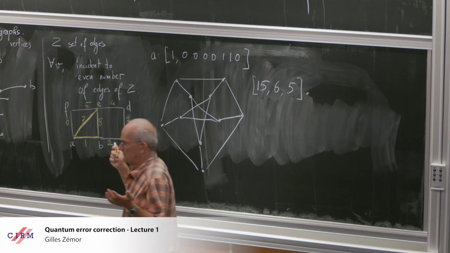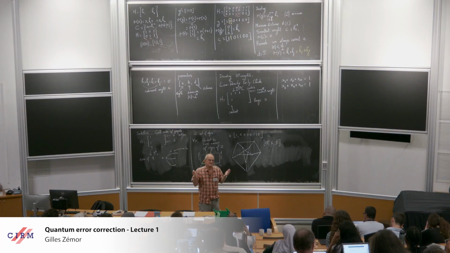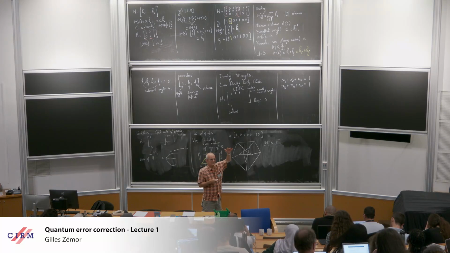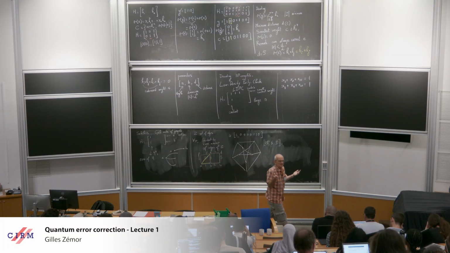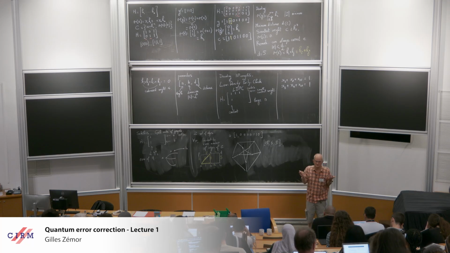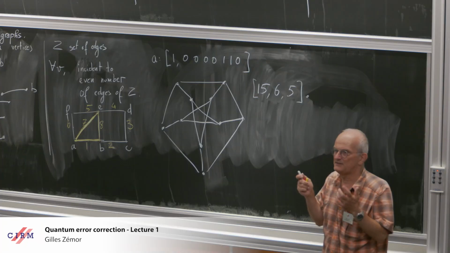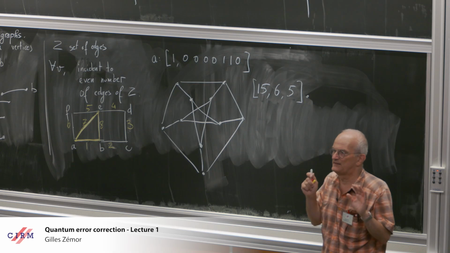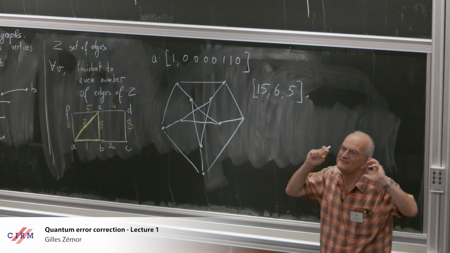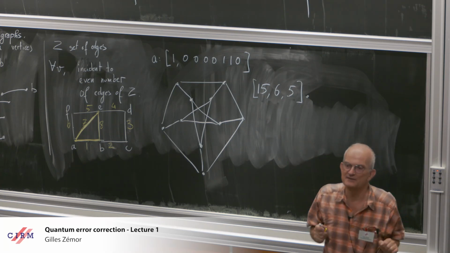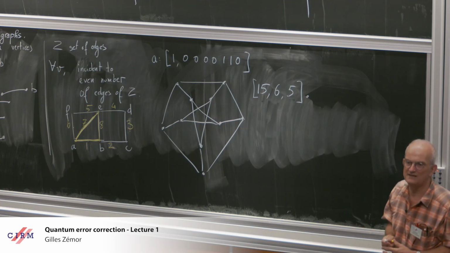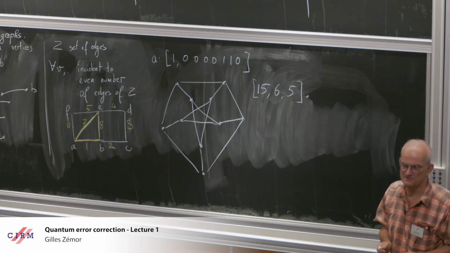This problem is still pretty much open. We have lower bounds, we have upper bounds, we have tables of the best codes for small lengths, but we don't know how to solve the general problem. It's not the only problem of coding theory. People don't necessarily think of it anymore as the number one problem of coding theory, but it's pretty fundamental, yes.